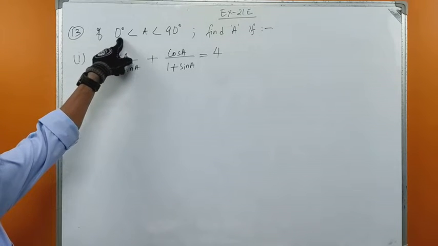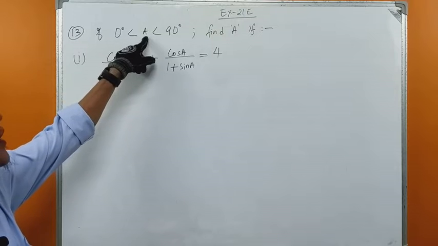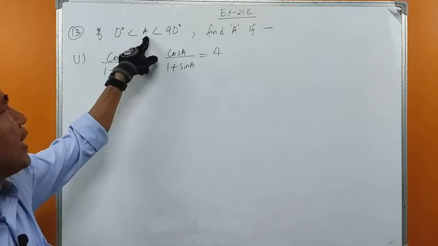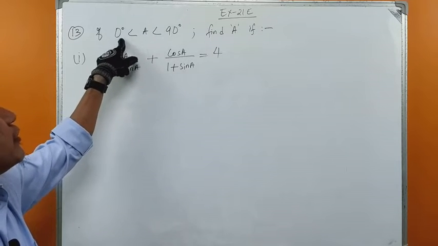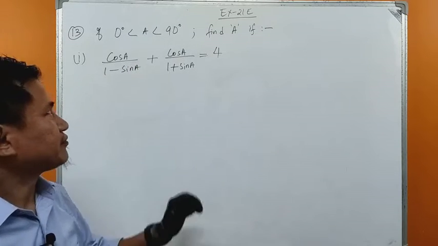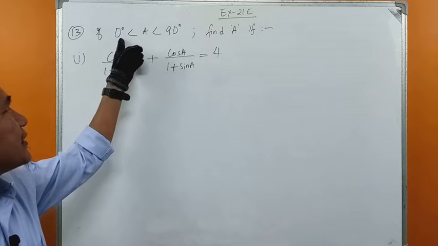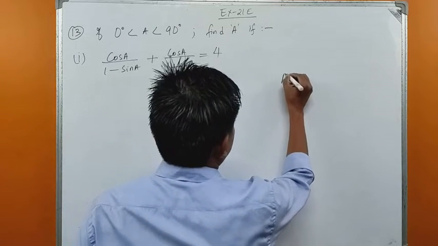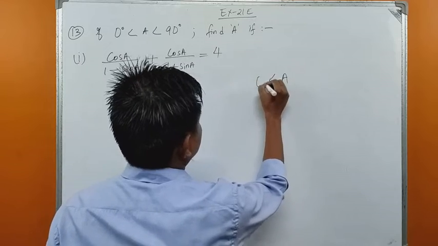If 0 degree less than A less than 90 degree, which means angle A lies between 0 degree and 90 degree, okay? Angle A is greater than 0 degree. Let me explain this here. This is not the condition here, okay?